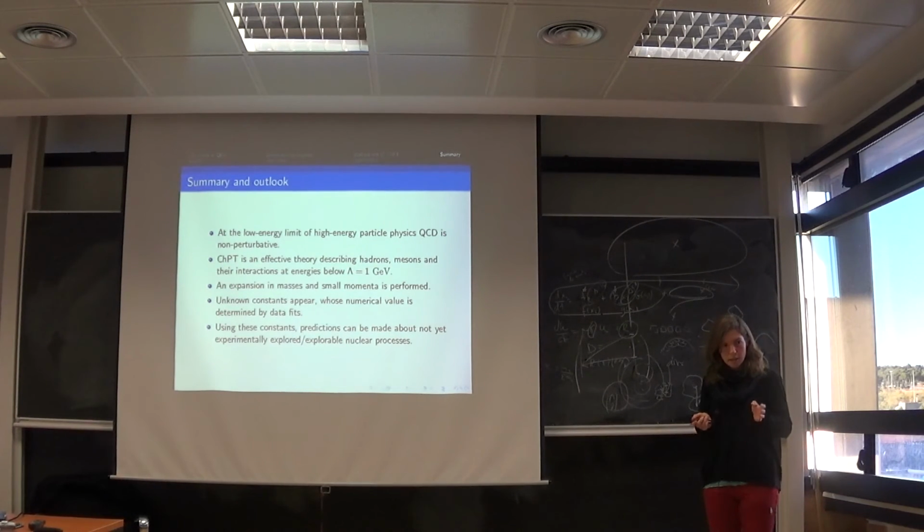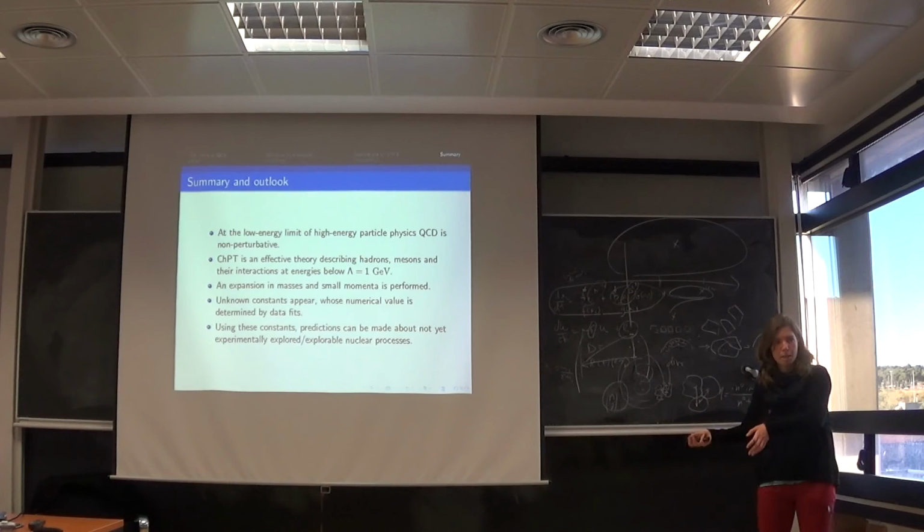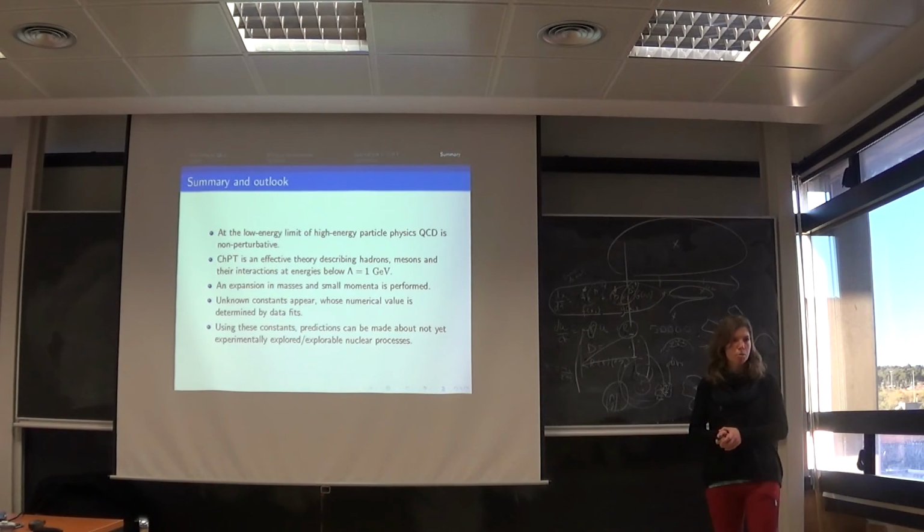Those constants are then determined by fitting the theory to data. And later on, when we're happy enough with the fits, we use the values we discovered for the constants to make predictions for processes that are not yet found out by experiment, and that we hope maybe at some point in the future can be found out, but at the moment you can only do theoretical predictions of.